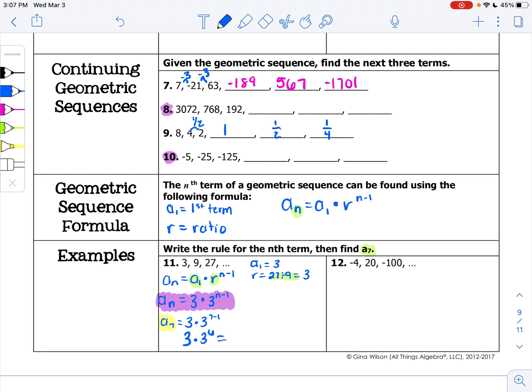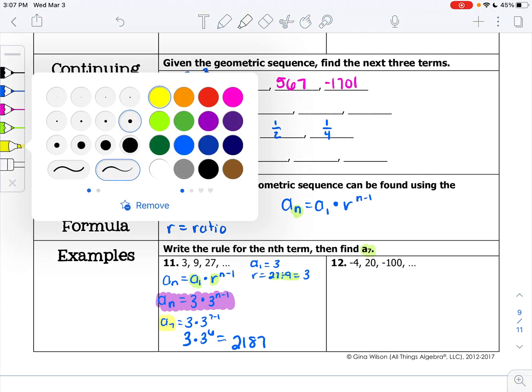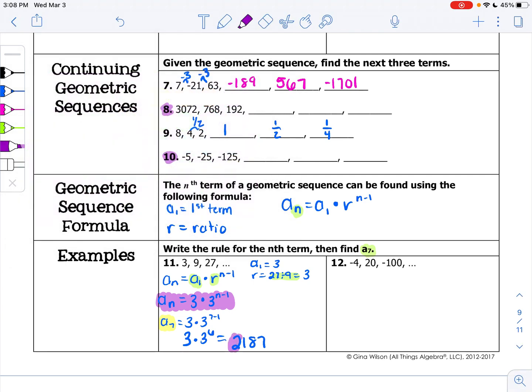And 3 times 3 to the 6th, we can put this in our calculator, is 2,187. So that would be the 7th number in this particular sequence. So I've written a rule that can find any number in my sequence, and then I use the rule to find the 7th number in my sequence.